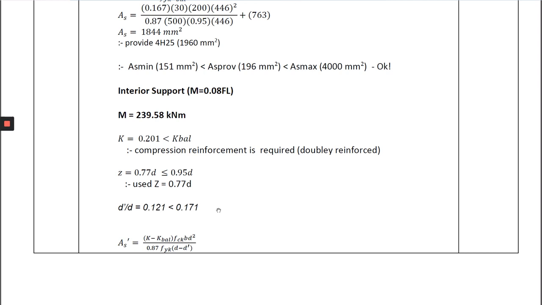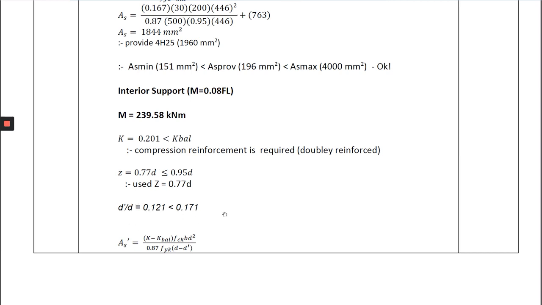The area of tension reinforcement required that we would like to determine for the beam, which formula is suitable that we can use in order for us to provide the tension reinforcement. So we can use either d prime over d or d prime over x.